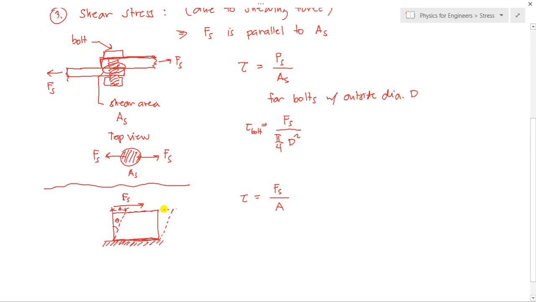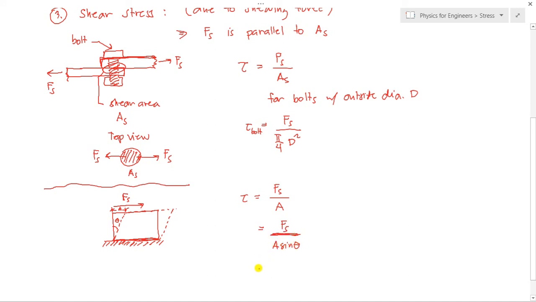And then tungod kay naka-angle man siya, naka-angle theta man siya. So unsay value ana nga kanang area kay naka-angle man siya. So the value for that is equal to Fs equal, tau is equals to area sine of theta na siya.